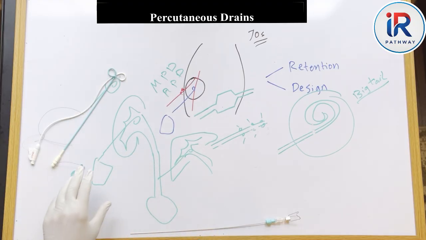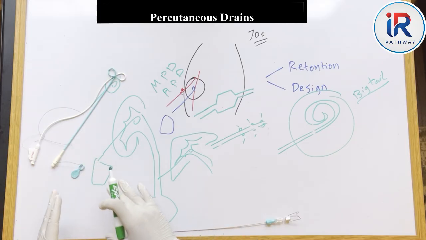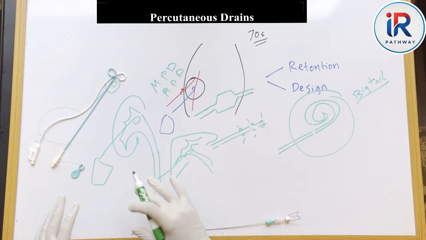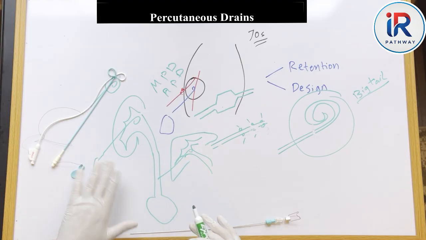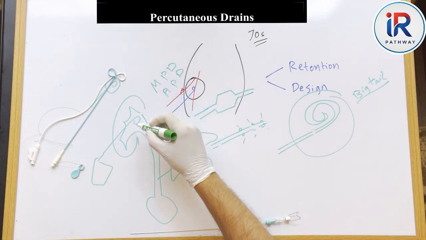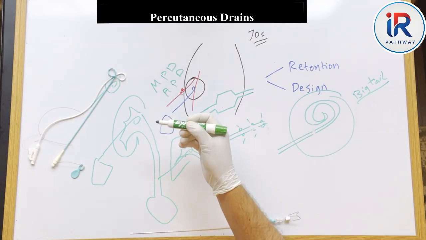Okay, but the problem with this drain is that the patient must always carry a urine bag, which is of course inconvenient. So, as usual, modification was introduced to deal with this situation, and we came out with something called the nephroureteral stent.